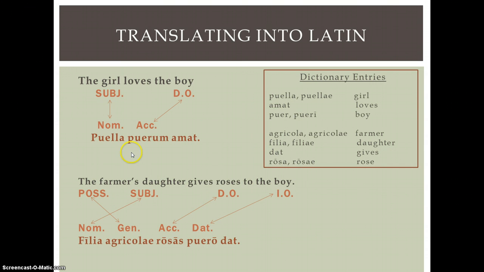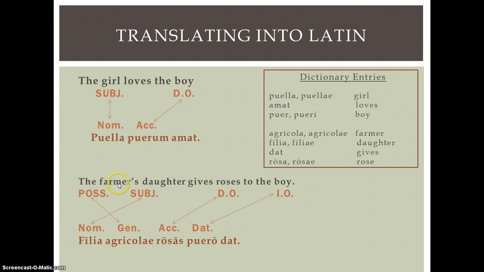So puella is the nominative form of the girl, and since the girl is the subject, it has to be in the nominative. Here we go, puella. Boy is the direct object, it has to be accusative, so we put the accusative ending on puerum, and then amat is how you say loves.